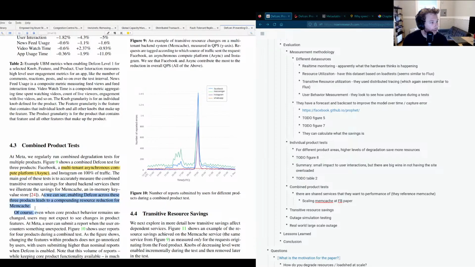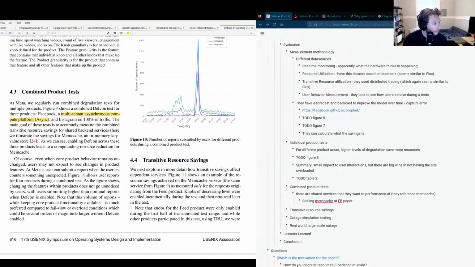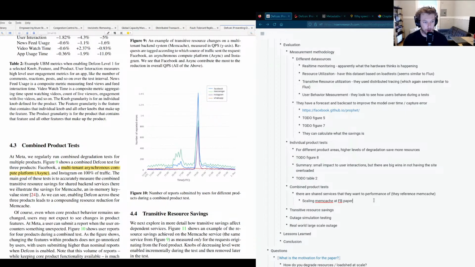Enabling Defcon across these led to compounding resource reduction from Memcache. Oh, this is super cool. Super cool. They have user reports. Very interesting. Very cool.